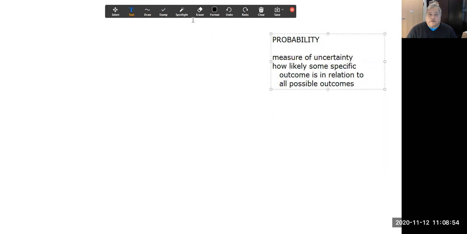And so in order for us to measure probabilities, we have to first be able to find something called a probability space.